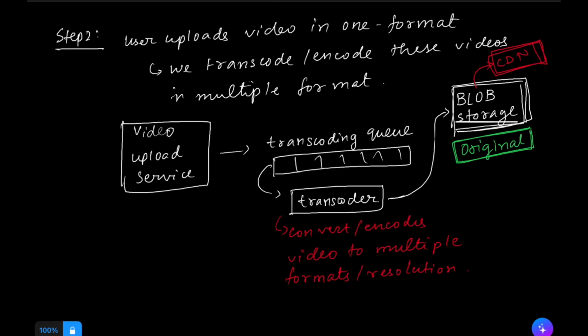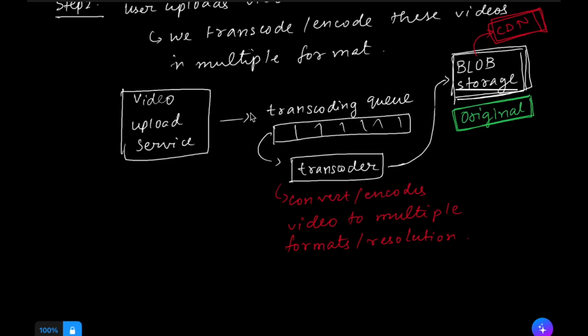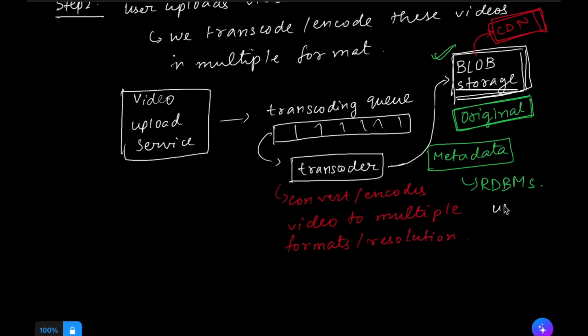Along with the video, if you remember, we also had video metadata. To store the video, we use blob storage, and to store the metadata, we use an RDBMS, a relational database. What does a relational database store? Like I mentioned earlier, it stores user ID, email of the user, and name in one table.